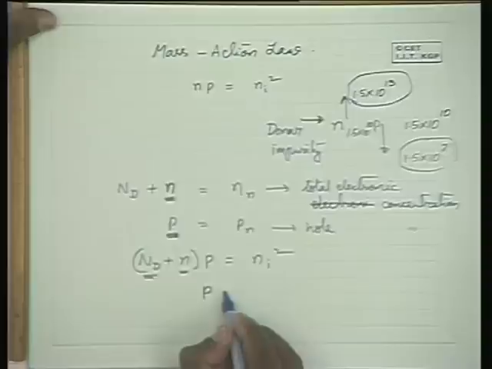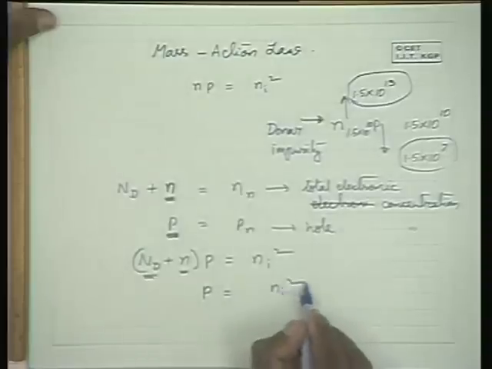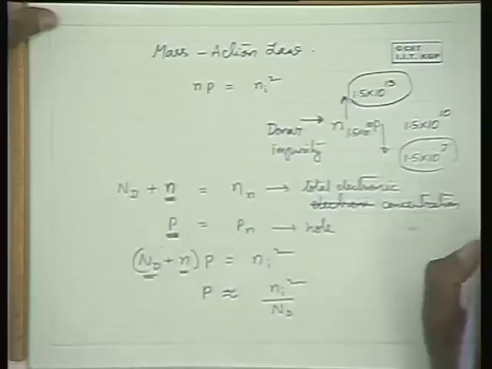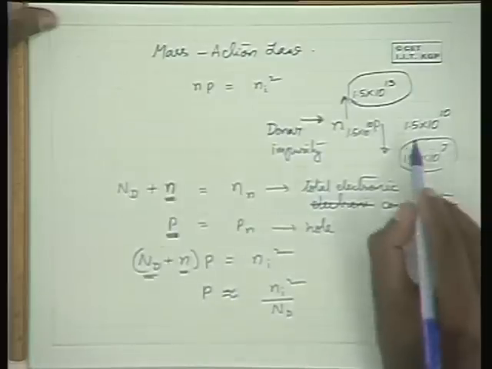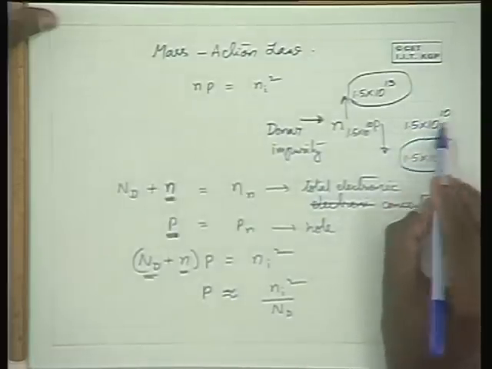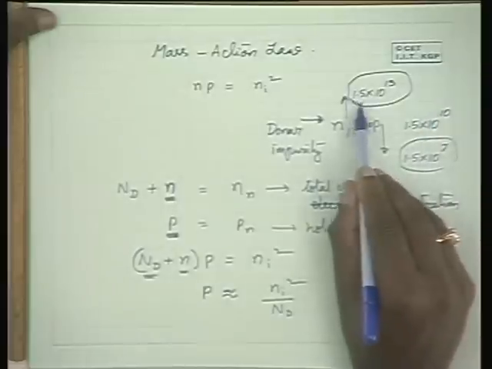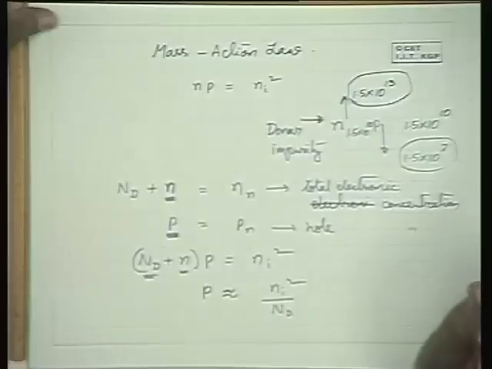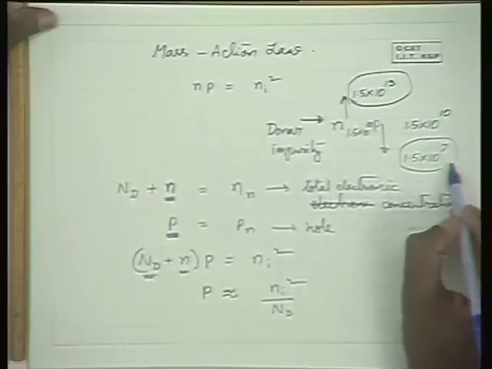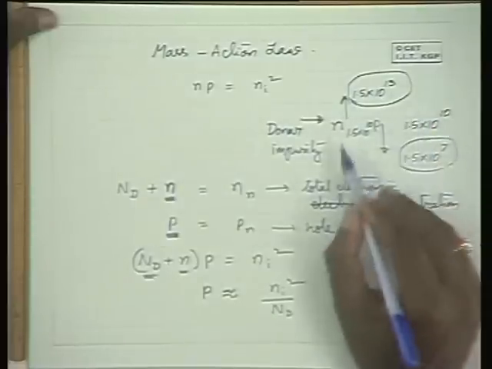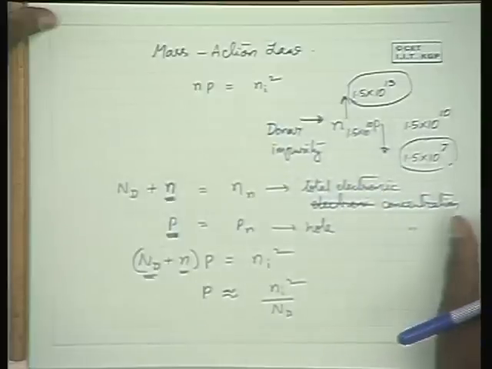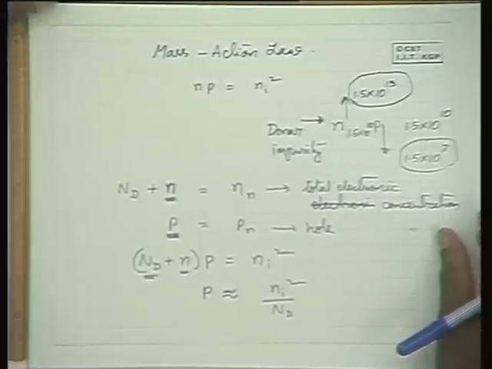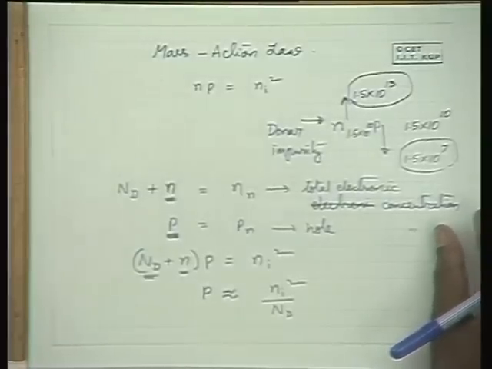Therefore the hole concentration is Ni square by Nd approximately. So Ni square is 1.5 into 10 to the power of 10 whole square by 1.5 into 10 to the power of 13, which is equal to 1.5 into 10 to the power of 7. So that's what we have shown here. Clear? So this is what the mass action law states.